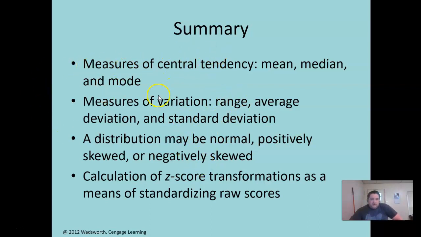So just in summary, we're looking at the measures of central tendency: mean, median, and mode. Remember, the mean is the average. The median is the one that's actually in the middle. If you have two numbers that are in the middle, so if you have 18 scores, then it will be the scores that are 9 and 10. And if they are different scores, then the average of those two scores would be your median. Okay. And then the mode is the score that happens the most.